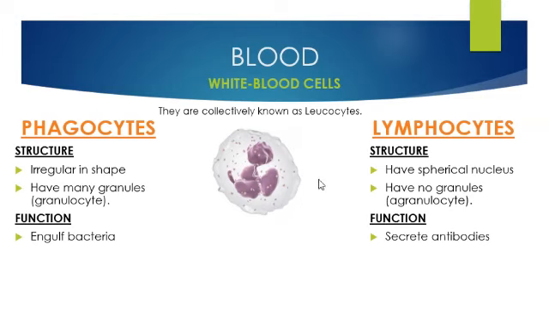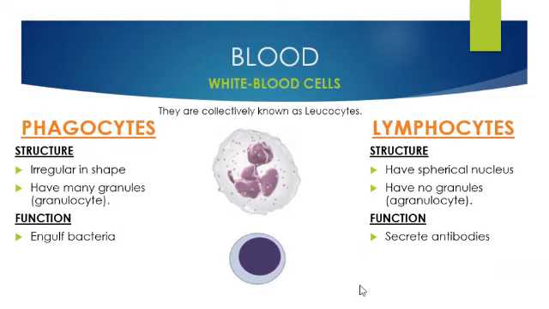Now let's look at how the phagocytes look like. So the picture that has just been shown here shows a cell that represents the phagocytes. As you can see, it's irregular in shape. It has got many granules. The granules are those small structures we can see.